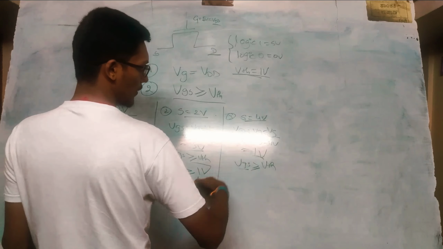So this condition is barely satisfied, and we'll say the transistor is in the barely on condition. The output VD is equal to 4 volts.